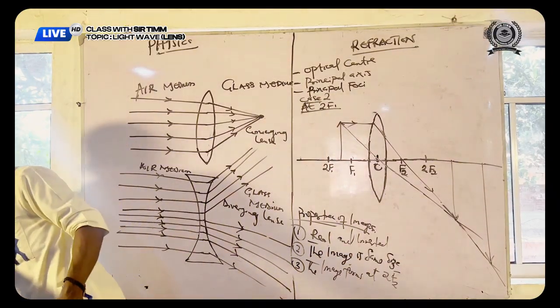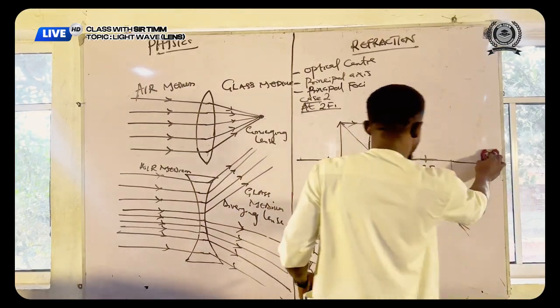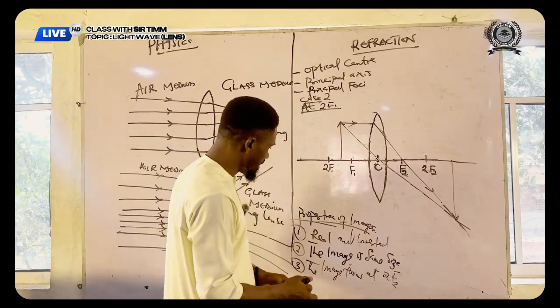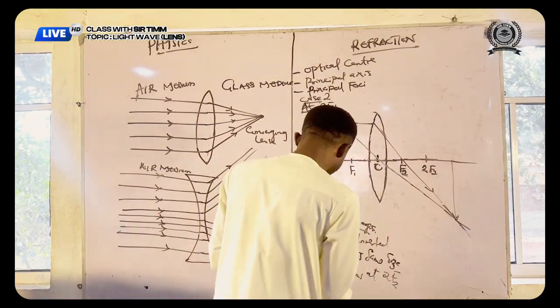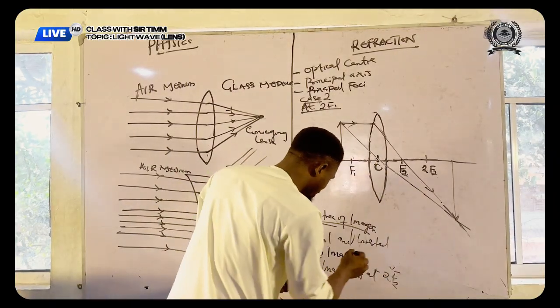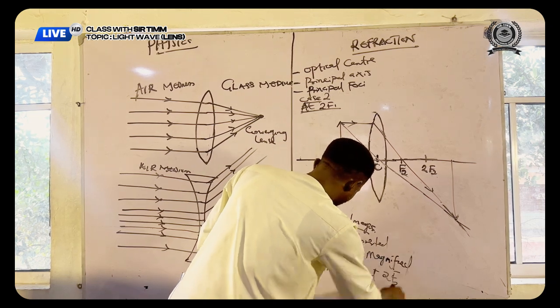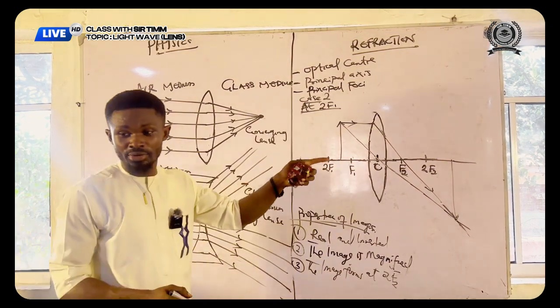So let's look at the properties for those that drew it in their books. Is the image the same size? No. What happened? Magnified. Okay, so the image is magnified. Where is it formed? Beyond 2F2. So I'm actually correct. Yes.